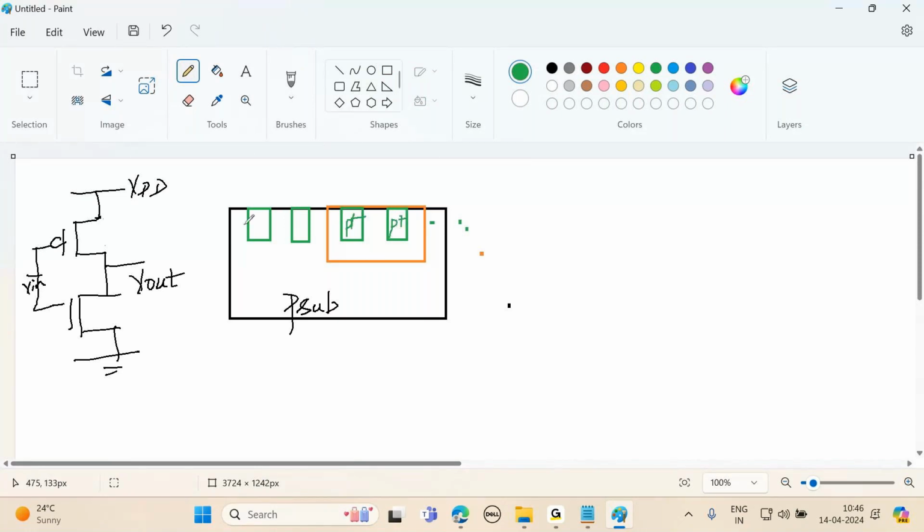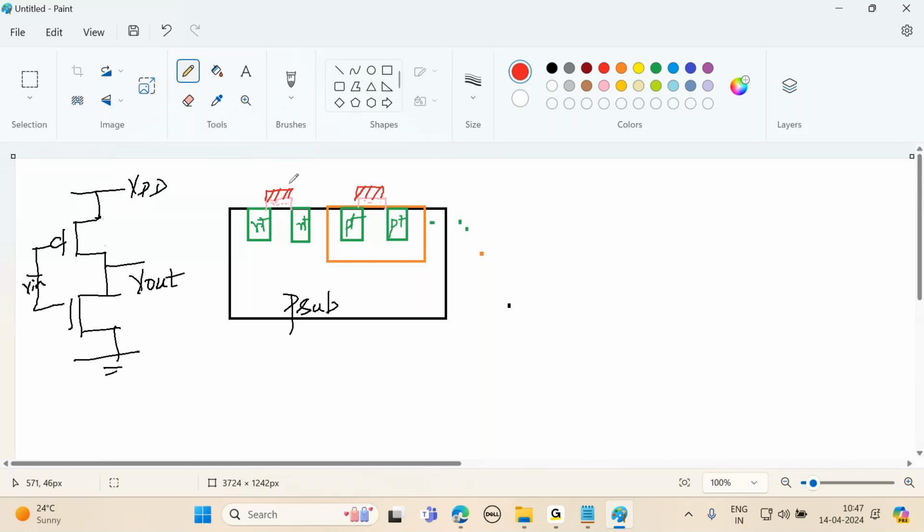N plus. After this, you will have silicon dioxide. On top of that, you have the gate. You have gate here.